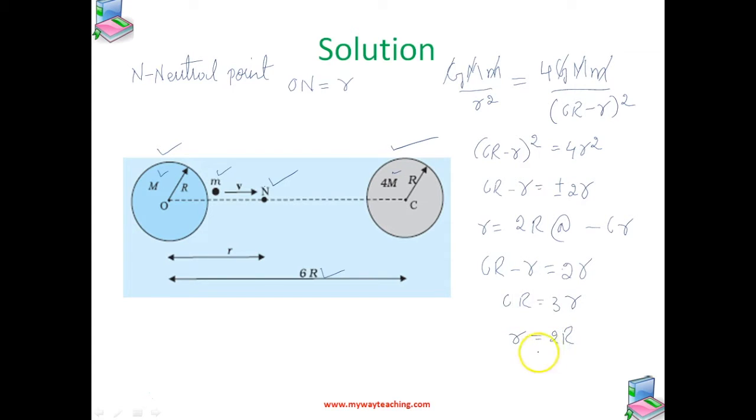If you consider minus 2r, in that case it will be minus 6r.